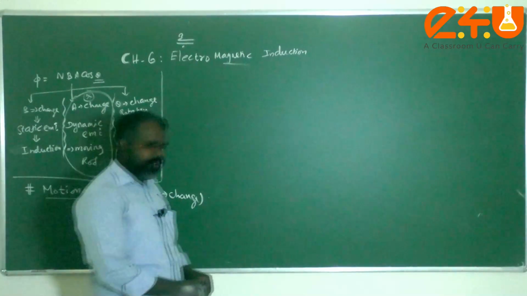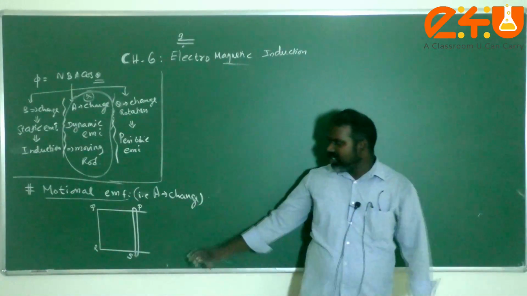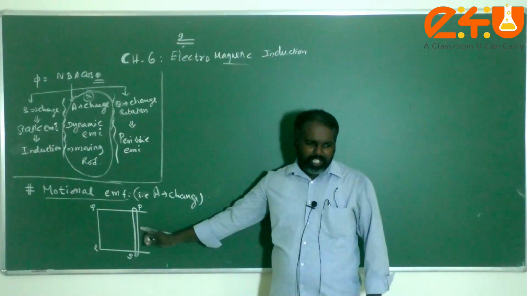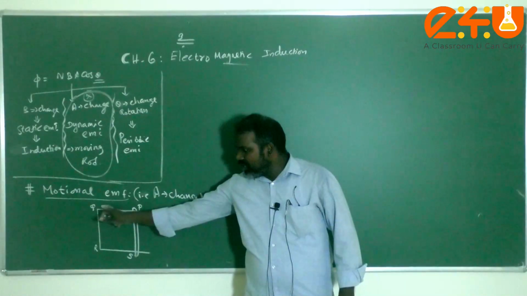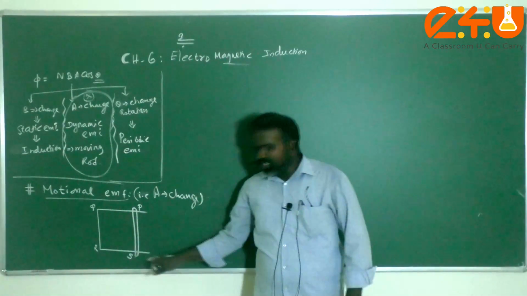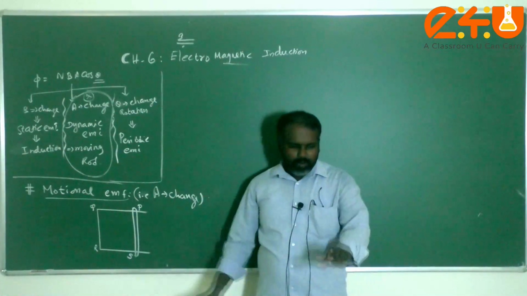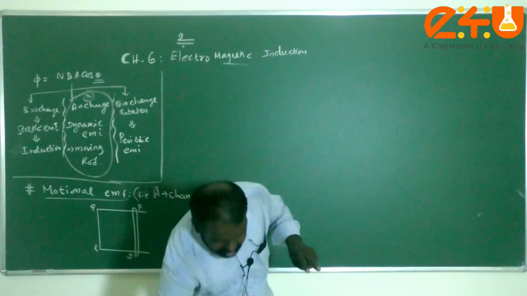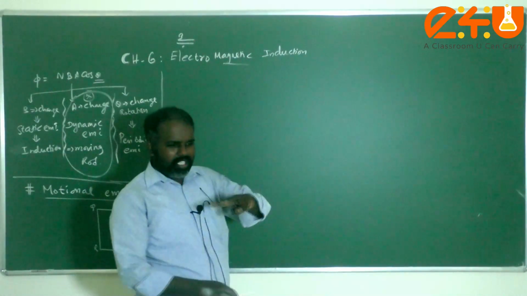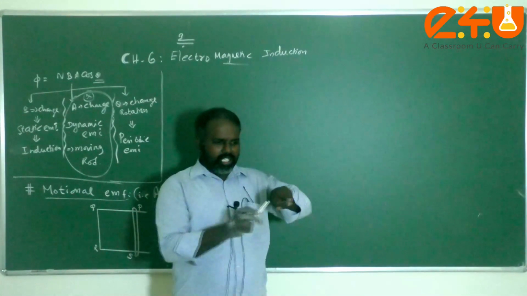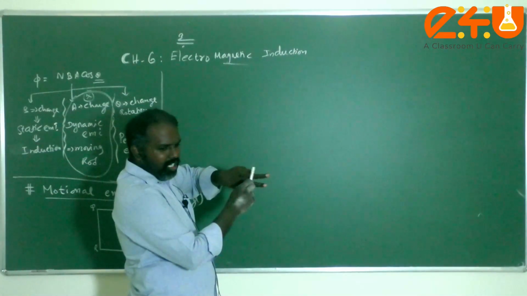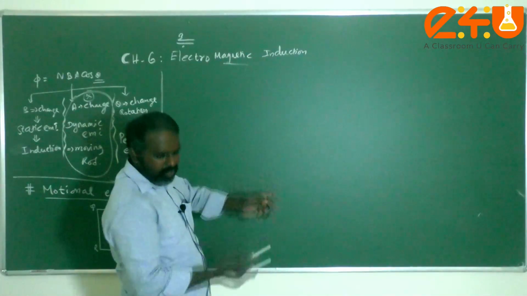This is the moving or sliding conducting portion of the wire. The horizontal and vertical segments are fixed. This is the movable portion of the conductor, either in inward or outward directions.